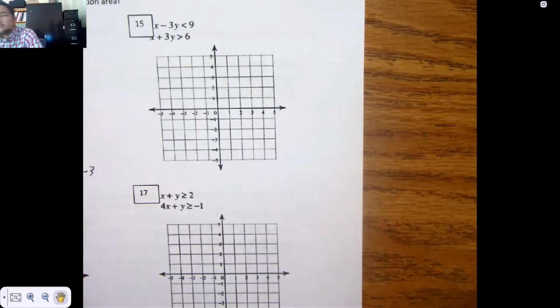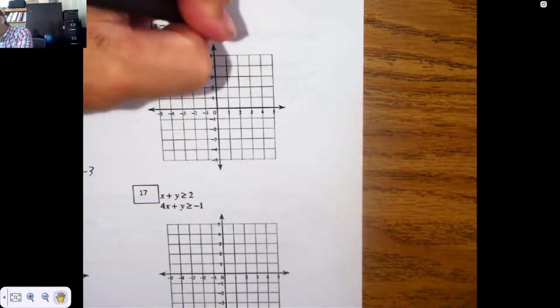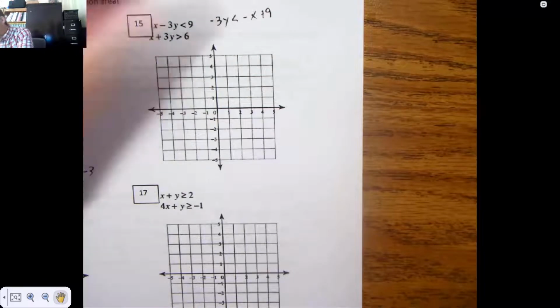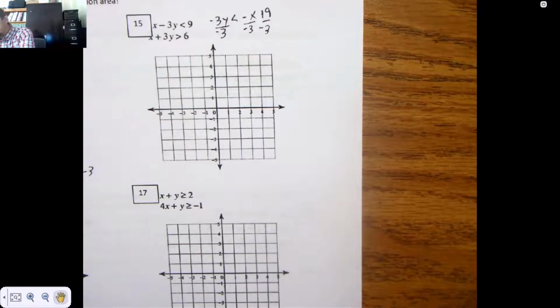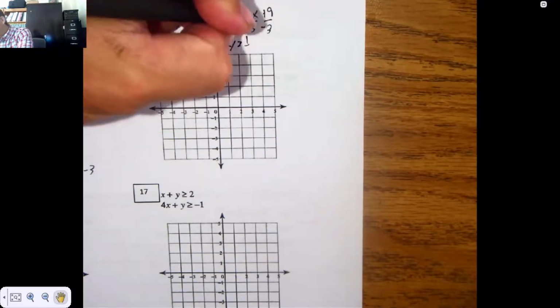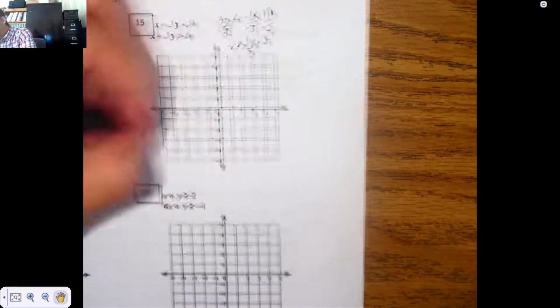All right, x minus 3y less than 9. -3y less than -x plus 9, just moving stuff around. Divide by the -3. Remember that when you divide by a negative, you flip your inequality symbol. There's an understood 1 in front of that x, so positive 1/3 x minus 3.